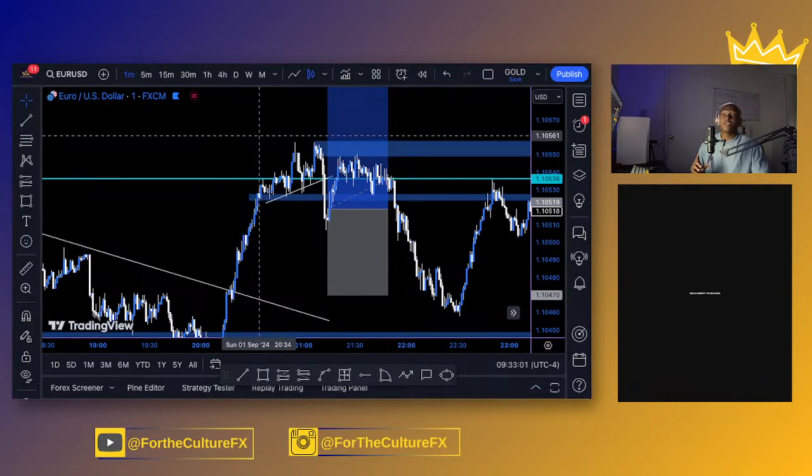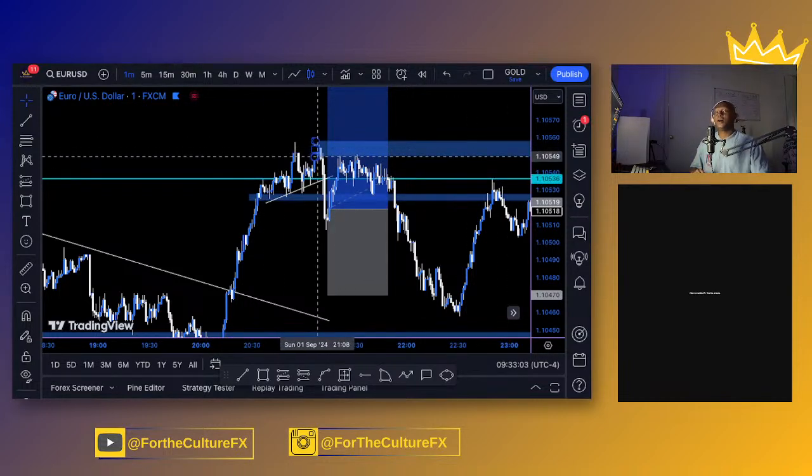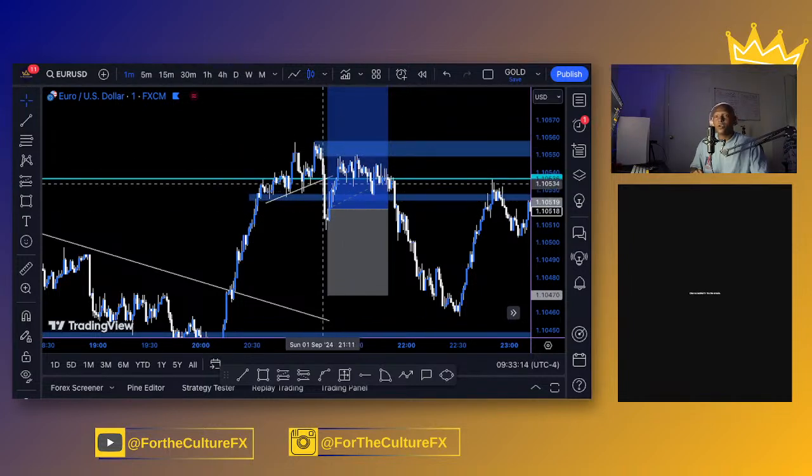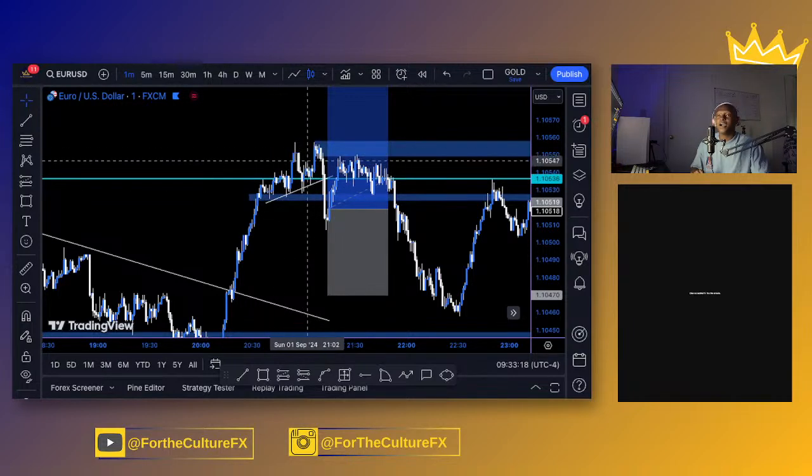Why specifically do you think I was thinking of this level as a particular place where price could struggle to break? Because in a technical sense, this is a change of character. Price breaks through these lows after creating higher highs and higher lows.